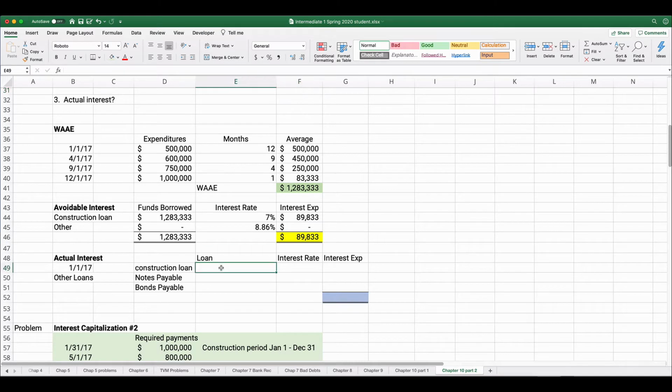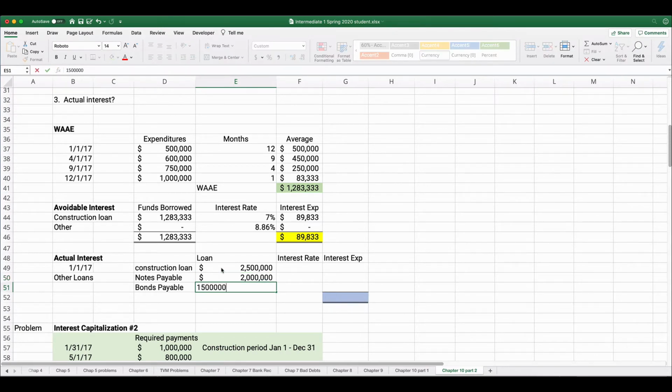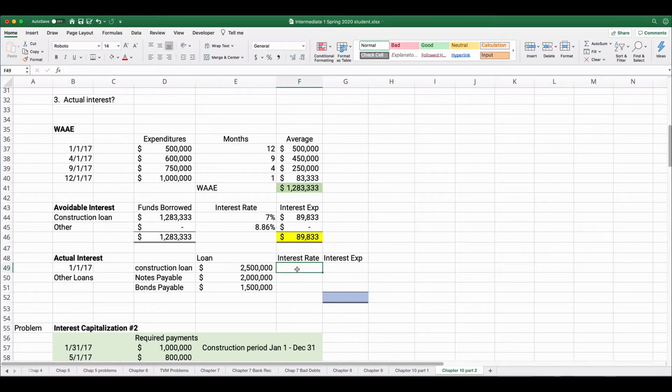So how much is our construction loan? Well, our construction loan is $2,500,000. Our notes payable is $2 million, and our bonds payable is $1,500,000. The interest rates are given at 7%, 8%, and 10%.